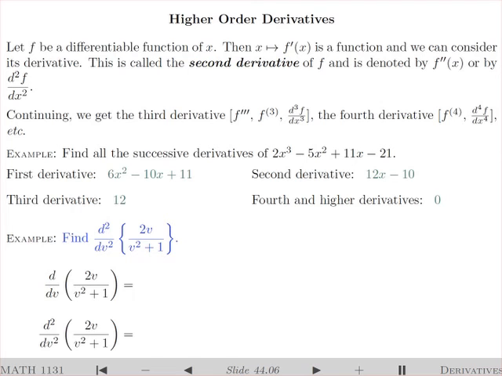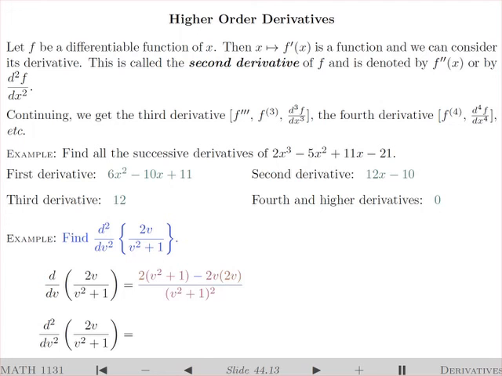First derivative, I just use the quotient rule. So the numerator is 2v, its derivative is 2, times the denominator v squared plus 1, minus the numerator 2v times the derivative of the denominator. Denominator is v squared plus 1, its derivative is 2v, over the square of the original function's denominator. So over v squared plus 1 quantity squared.